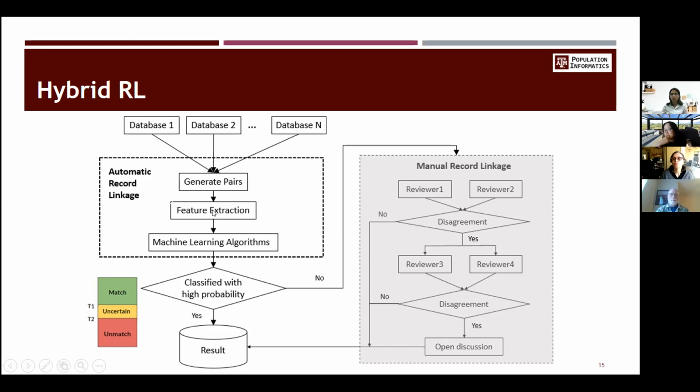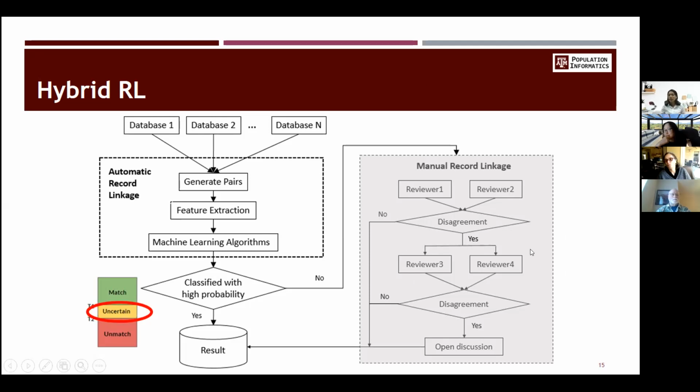After that, we feed these features to a machine learning algorithm. Machine learning algorithms are going to classify these pairs into 3 classes: matched, unmatched, and uncertain. Matched and unmatched go directly to the result, but the uncertain part goes to manual record linkage.